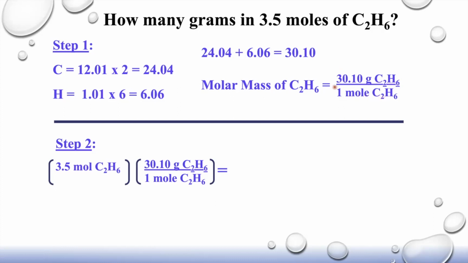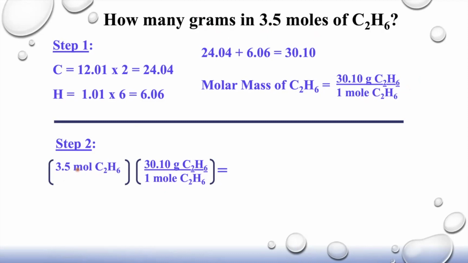Now that we have built this conversion factor, we're going to use it to calculate how many grams are in 3.5 moles. We get started with what we know, 3.5 moles of C2H6. We use the conversion factor. We put the moles piece on the bottom. The 1 always goes with the moles, by the way.